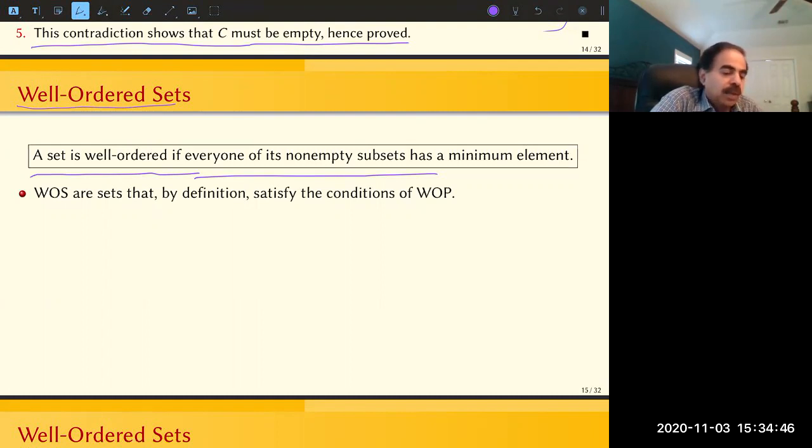So can you think of a set that has a minimum element, but there are subsets that don't have a minimum element? You can think of infinite sets, because obviously any finite set is going to behave in a much more expected way. It's only the infinite sets that are going to have somewhat unusual behavior.